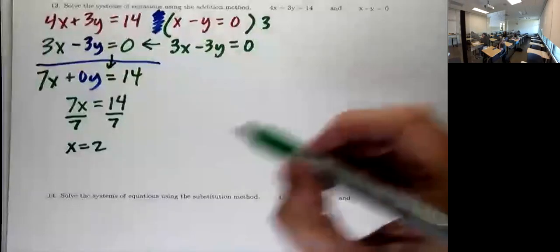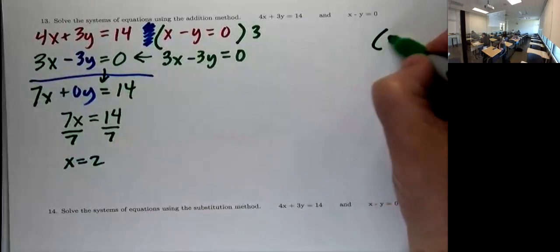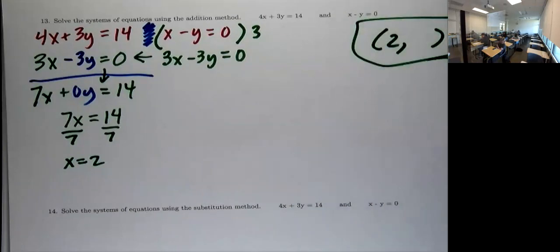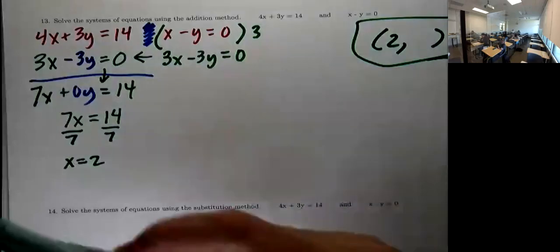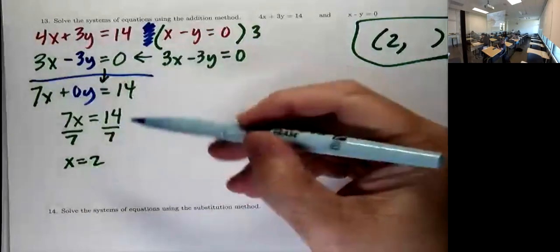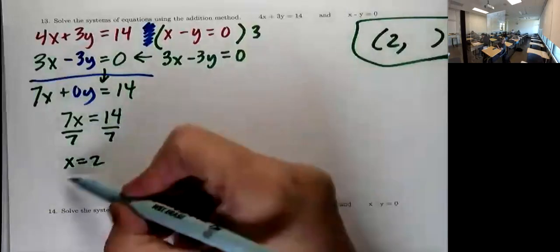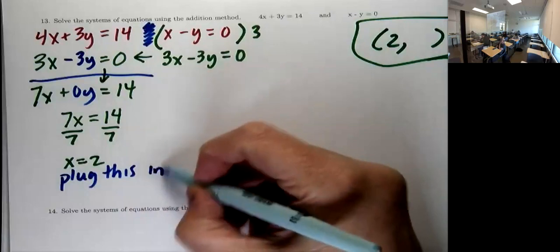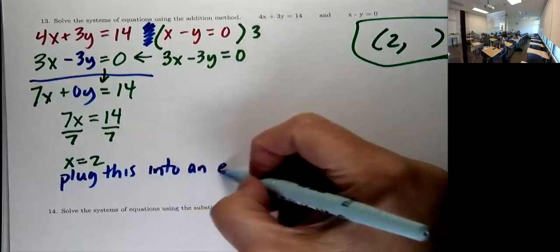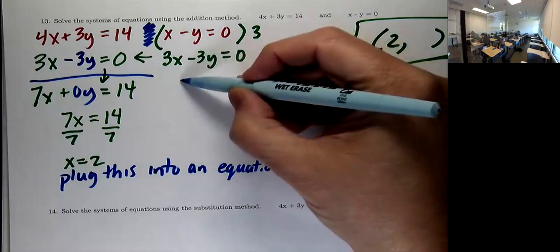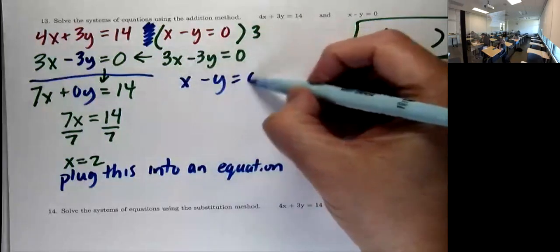I'm going to go over here and put that in a little box. That's what we're aiming for, a point. Now, to get the y value, I have to take this x equals 2. The easiest way is to plug this into one of the first equations. I think the easiest one to plug it into is the x minus y equals 0 equation.